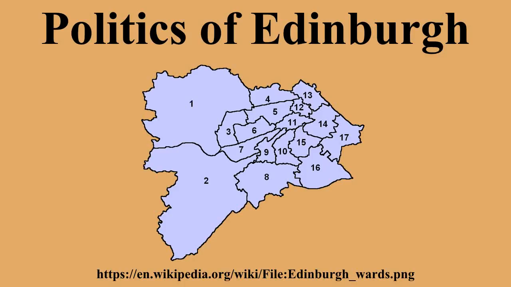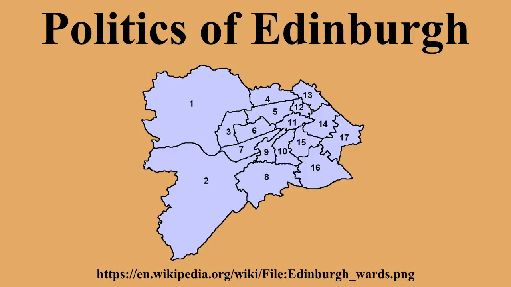The City of Edinburgh became a unitary council area in 1996, under the Local Government Act 1994, with the boundaries of the post-1975 City of Edinburgh district of the Lothian region.